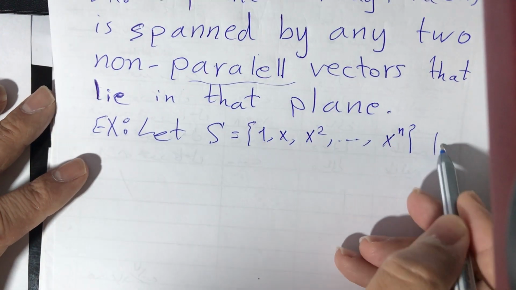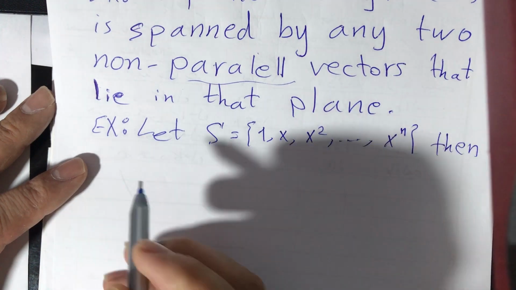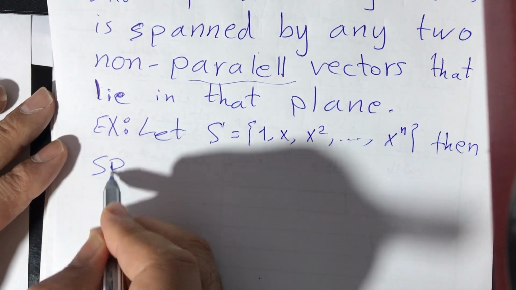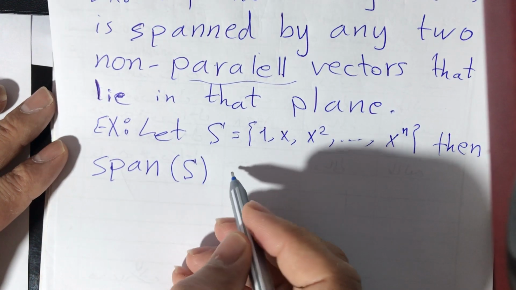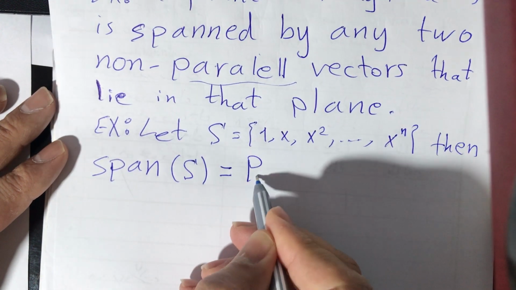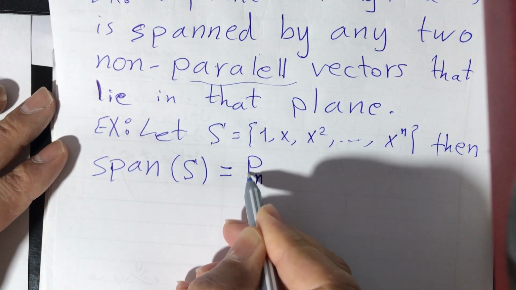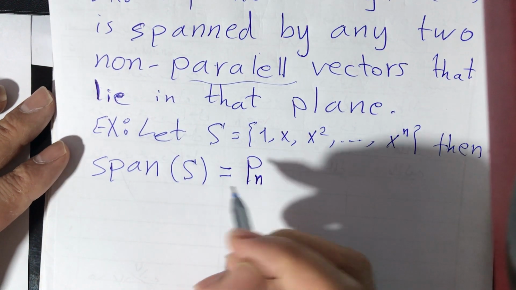Then span S is equal to Pn, polynomials of order n.